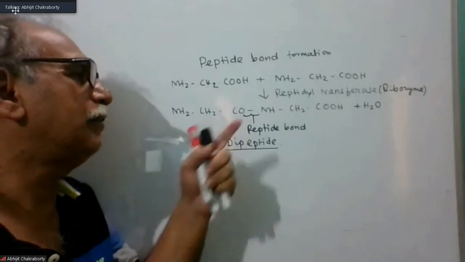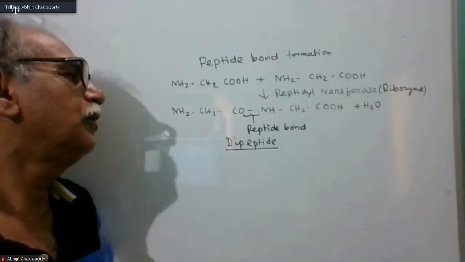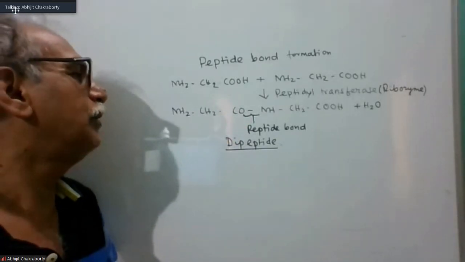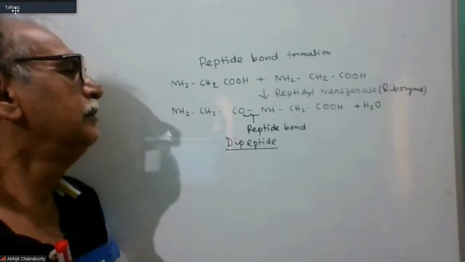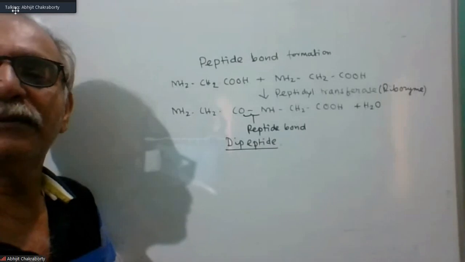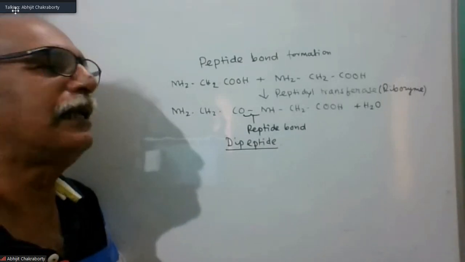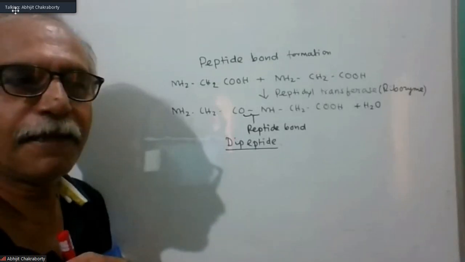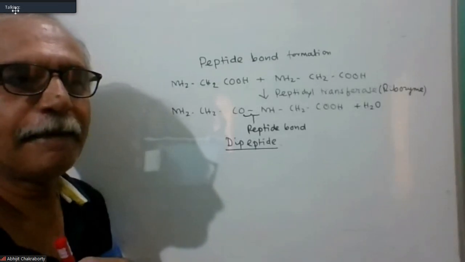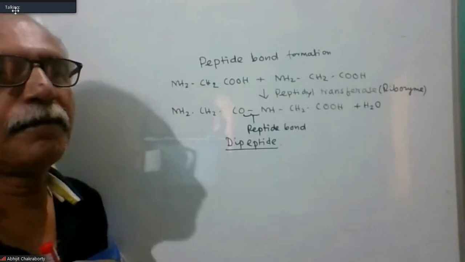How many amino acids are involved here? Two amino acids are involved. So a dipeptide molecule contains two amino acids, or in other words, two amino acids are linked with each other by a peptide bond. Clear? Yes, sir.